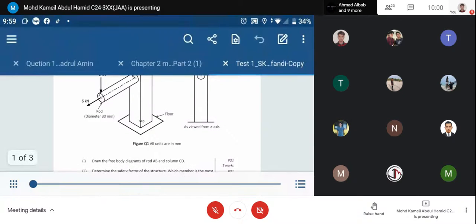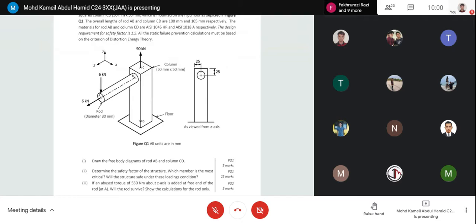Okay, so saya akan go through macam ni lah, macam soalan-soalan dia, dan hopefully tengok what are the techniques to be used, to be applied, to answer the question. Okay, so the key point is for you to draw FBD dia betul.